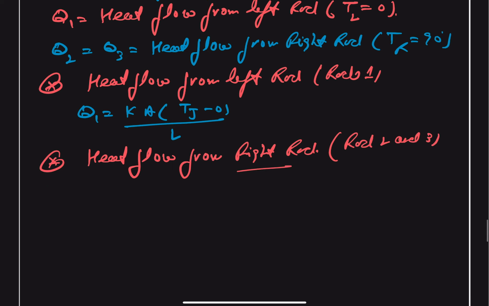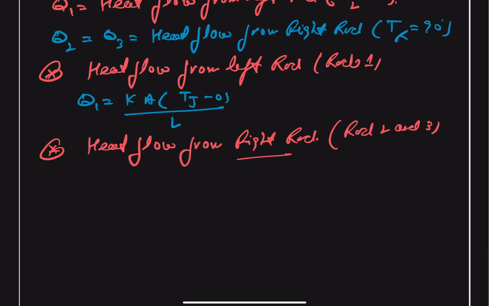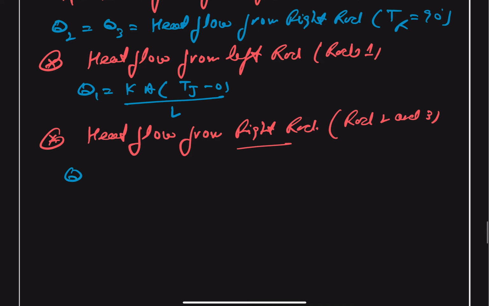So in this case Q2 will be equal to Q3, and that will be equal to Ka, 90 minus Tj, divided by L.